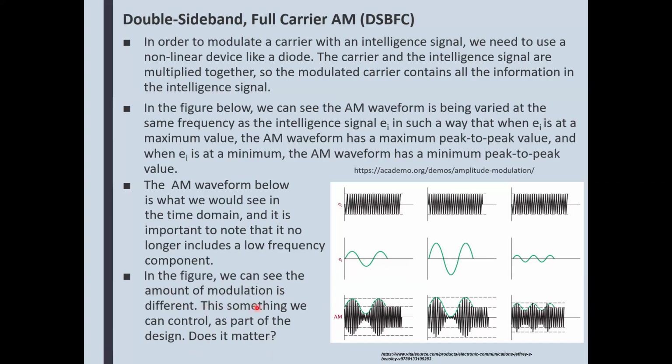This is something that we can control as part of the design. Does it matter? Of course it matters, because that's where we have the dynamics and the frequency. So volume and tone variations. Hey, we can transmit music or voice.